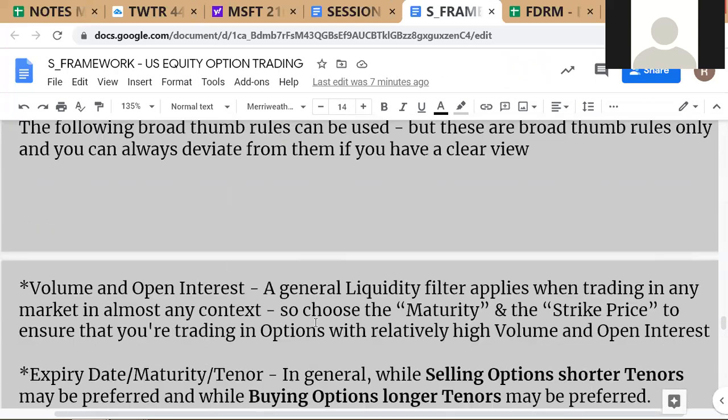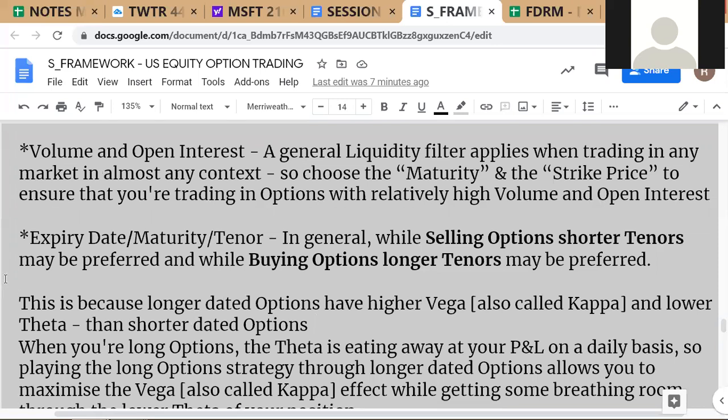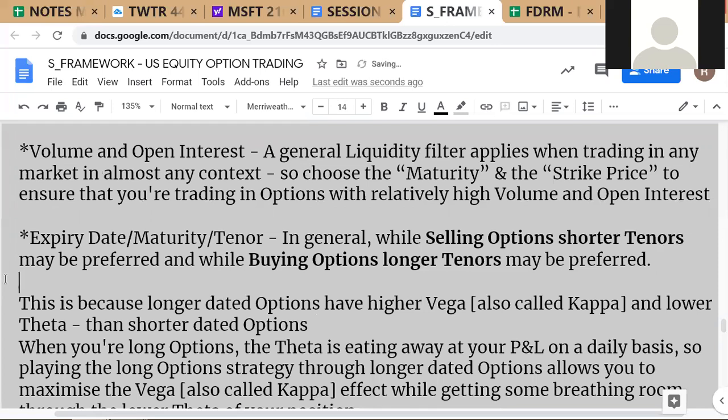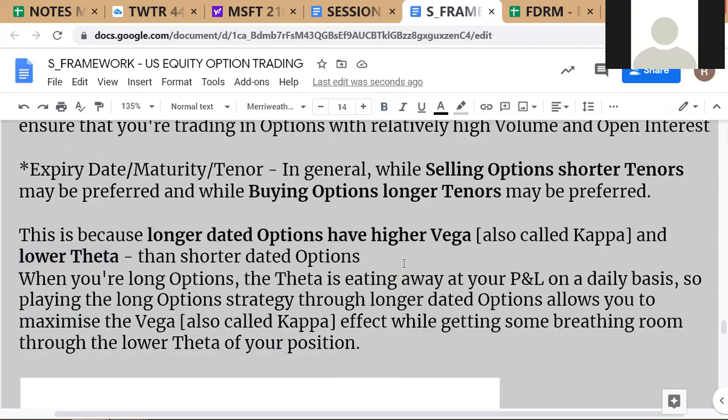Okay, maybe for some reason the explanation has got deleted here, but yeah, it is there. So we have two reasons for this. The longer dated options have higher Vega and lower theta than shorter dated options. So what is the rule that I'm telling you to follow? In general, when you're selling, go for shorter tenors, and when you're buying, you go for longer tenors.